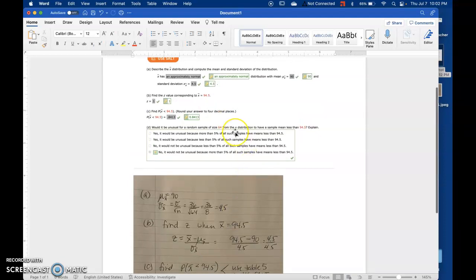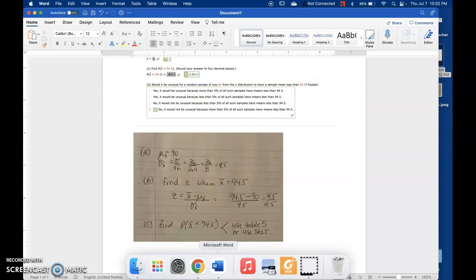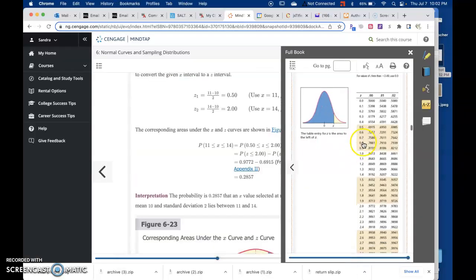Again, we found that Z equals 1. So go to that table, go down to Z equals 1.0, and the answer for the probability that it's less than, where Z is 1 in our case, but that also corresponds to X bar being 94.5, is 0.8413.